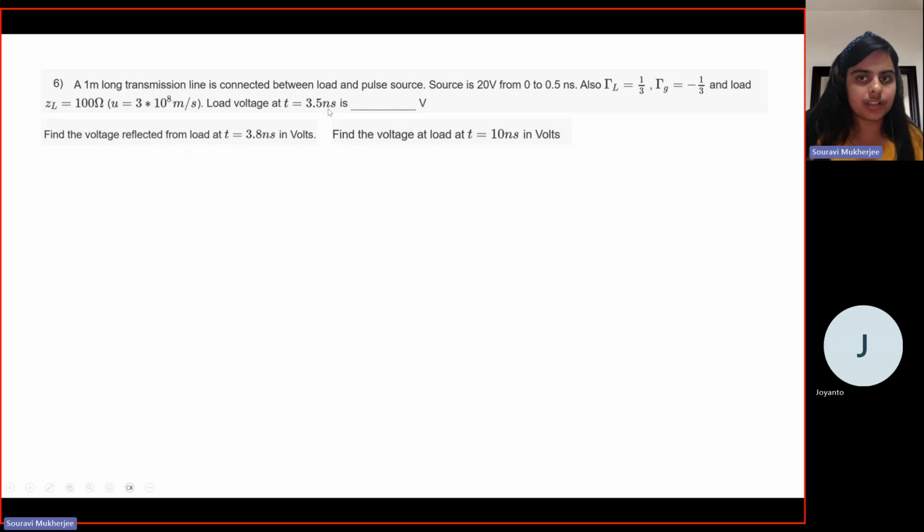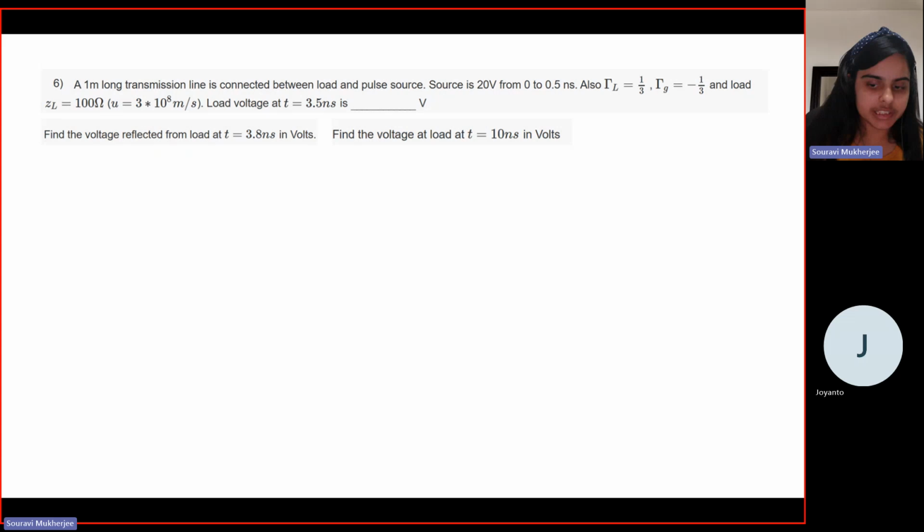Right. So basically, first, what you have to see is what are the values that are provided here and what we have to find out from here. Right. So here you can understand you have a 1 meter long transmission line. The speed of your transmission is given as 3 into 10 to the power 8. So from here, you can try to find the time that the signal takes to go from the source to the load, right?